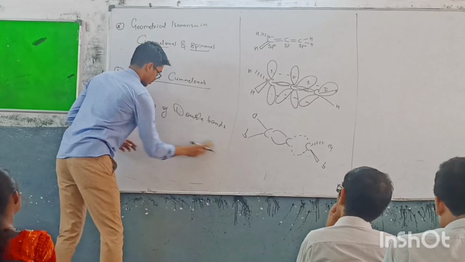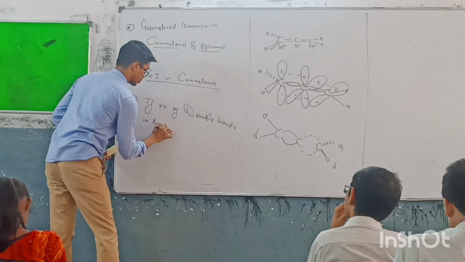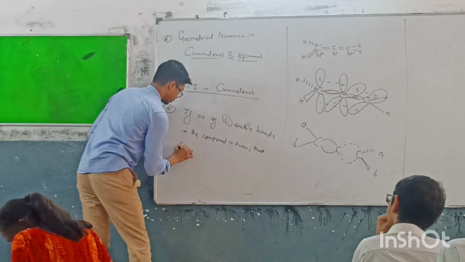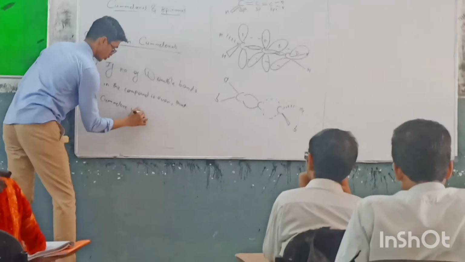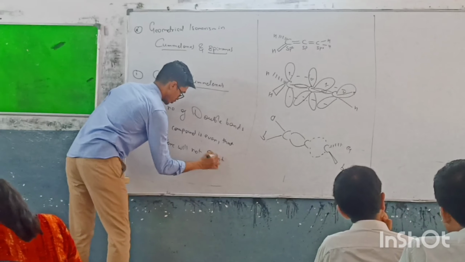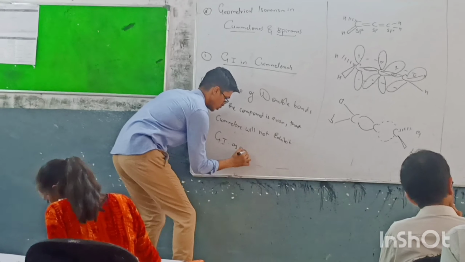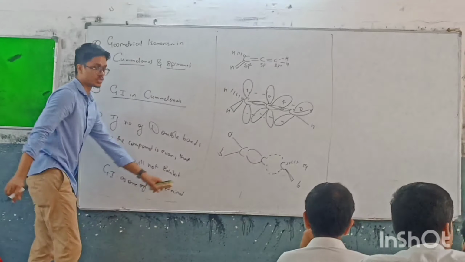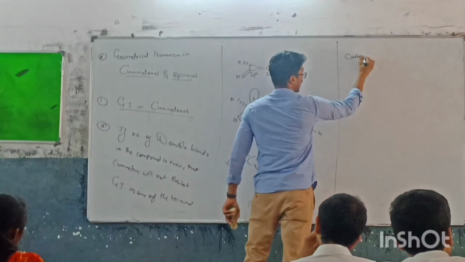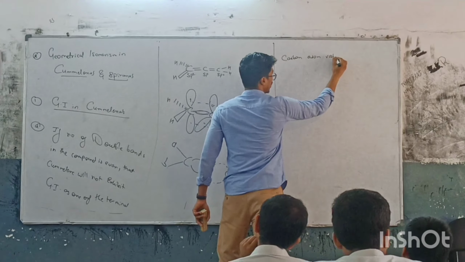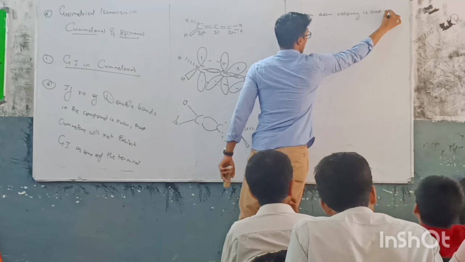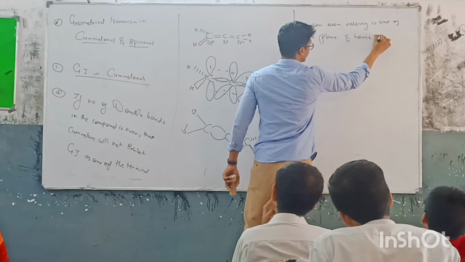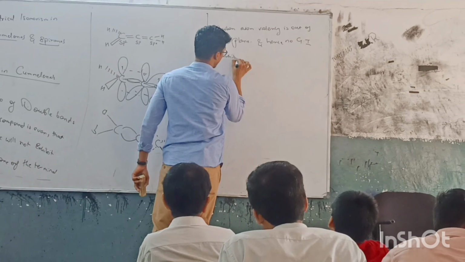That compound, the terminal carbon atom's valency is out of the plane, and hence no GI exhibition.